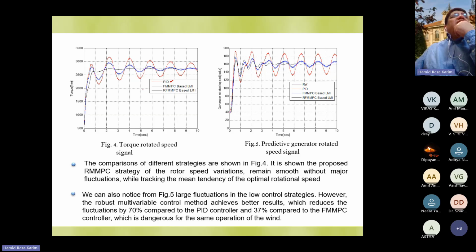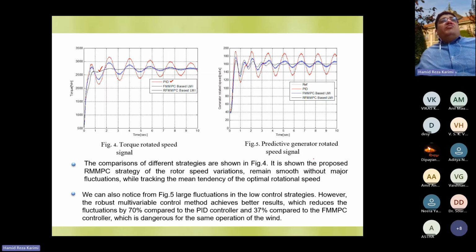Now you can see the red, the blue and also the green, but the green line is more smooth. This is the robust MPC, and you can get a very smooth regulation of the power. But the other controls have a lot of fluctuation.